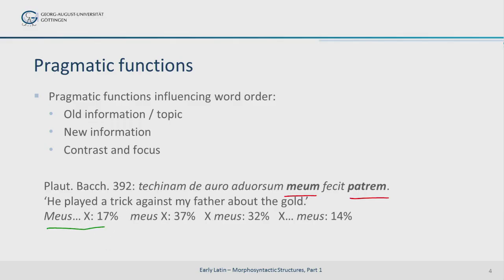The pattern whereby it stands directly in front makes up 37% of all cases, and it follows directly in 32% of all cases. And the rarest pattern is where we have a head noun, other material, and a possessive pronoun coming in 14% of all cases.